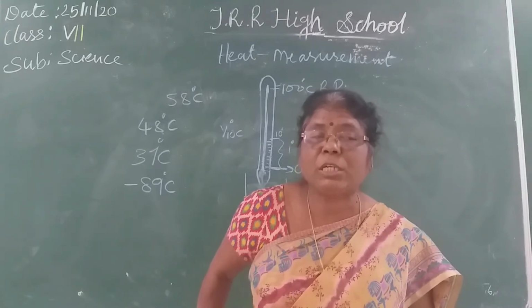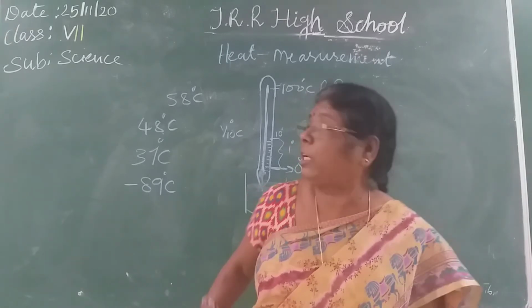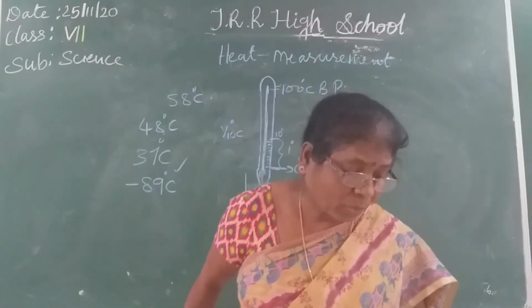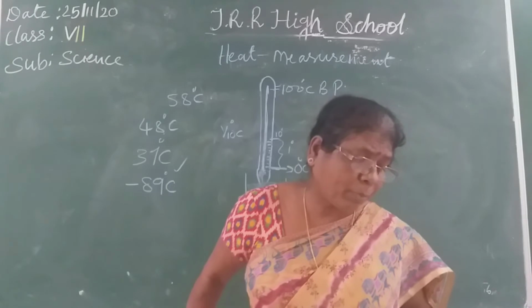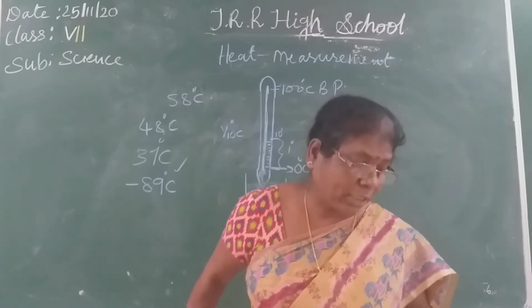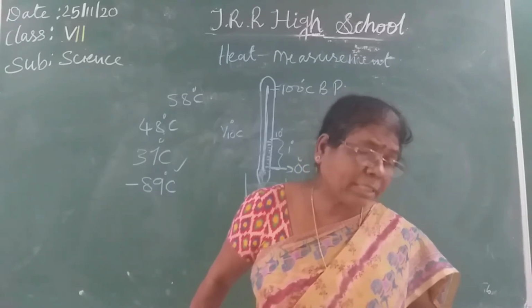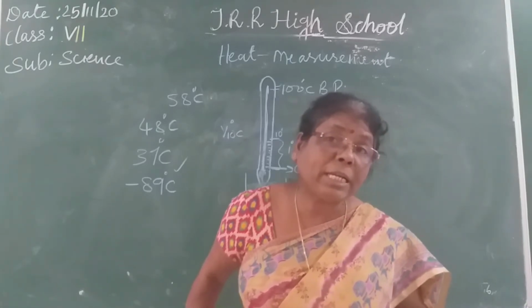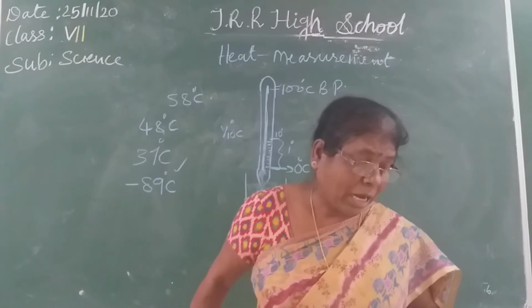The minus sign is used for temperatures less than 0 degrees Celsius. Water freezes at 0 degrees Celsius. Just think how cold -89 degrees Celsius is.